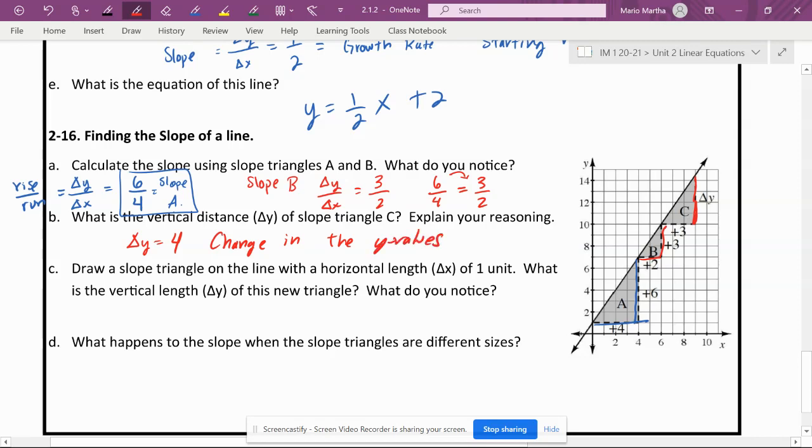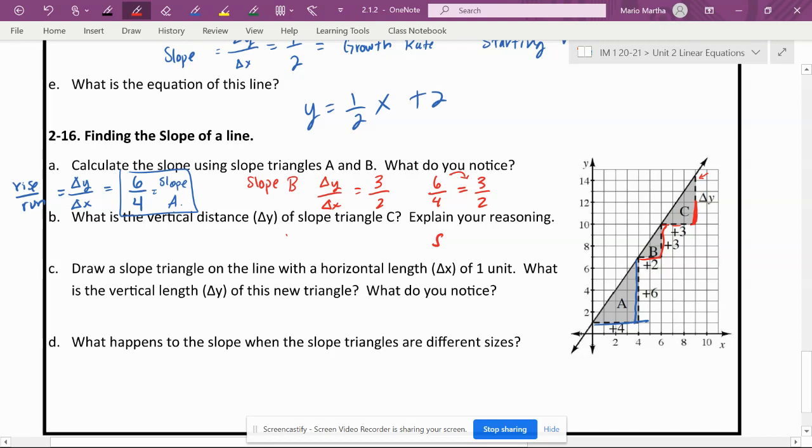It says draw a slope triangle on the line with a horizontal length of 1 unit. And then it says, well, I'm sorry, no, that's not the answer for B. The answer for B, they're telling us that this is 3 at the bottom. I misread that. It looks like it's 4, but actually, if you notice right there, the line has a little gap. So it's a little bit extra.